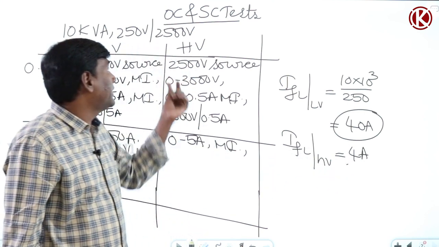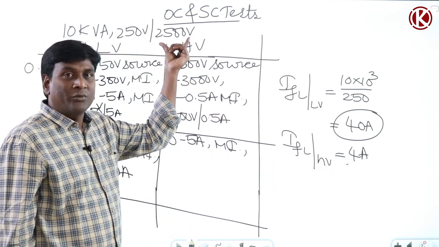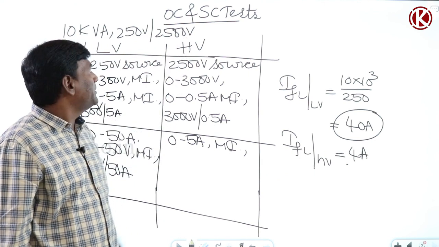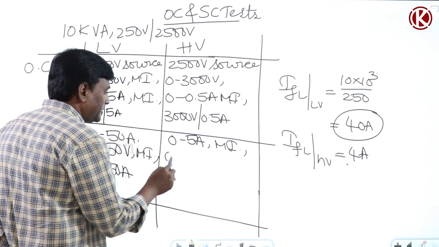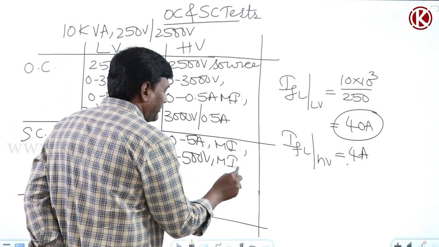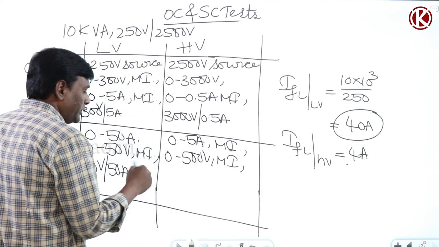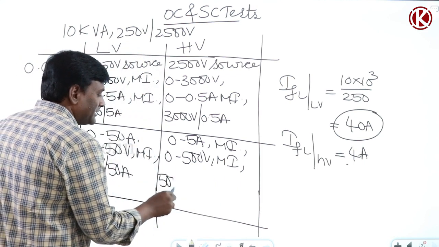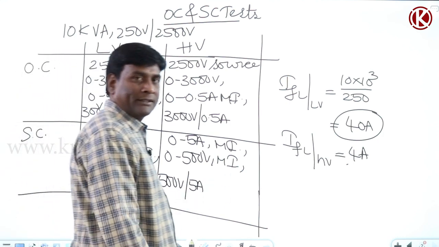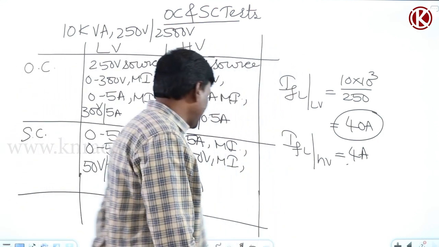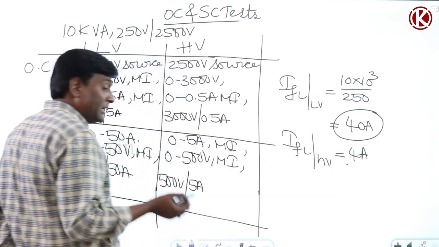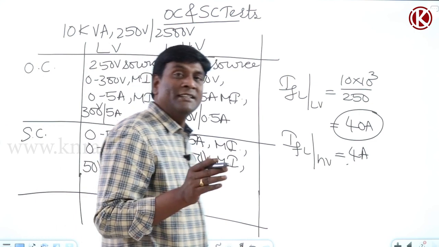It is going to be 2 to 12% of rated voltage on the HV side, maximum 20%. 20% is going to be 0 to 500 volts. So 0 to 500 volts, MI. Now if you think of the wattmeter, I can say a 500 volts by 5 amperes wattmeter. Okay, now let us see which side is better to conduct. Basically, depending upon the situation, everything will change.